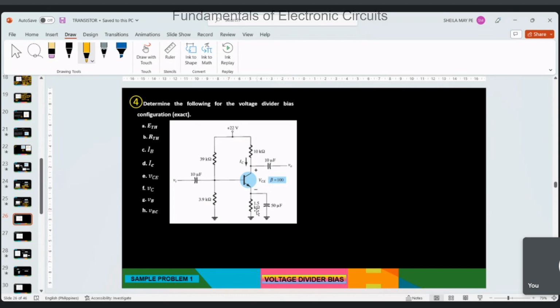Alright, now we need to find ETH, RTH, IB, IC, VCE, VC, VB, and also VBC. Now in finding those, VTH, unsa gi formula sa atong VTH?